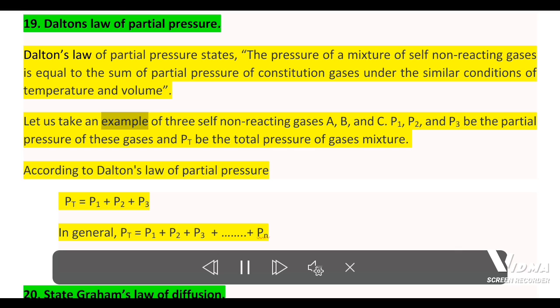Let us take an example of 3 non-reacting gases A, B, and C. P1, P2, and P3 be the partial pressures of these gases and Pt be the total pressure of gas mixture. According to Dalton's law of partial pressure, Pt = P1 + P2 + P3. In general, Pt = P1 + P2 + P3 + ... + Pn.